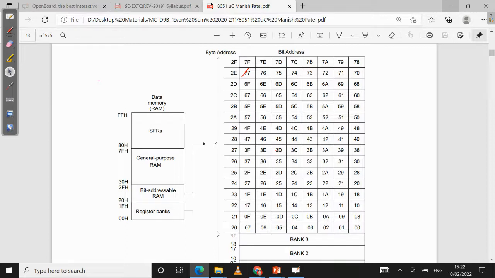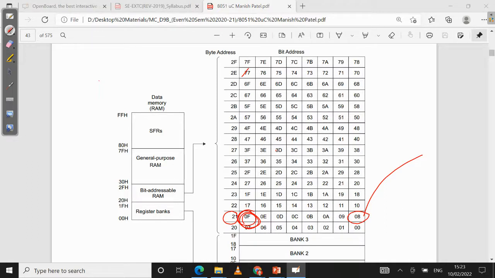Can you see your byte address 21H? Can you see the LSB, the least significant bit? So can I say the bit address is 08? Yes. And if I ask you the MSB bit address, it is 0FH. Very good. So you have understood the concept of bit address and byte address.